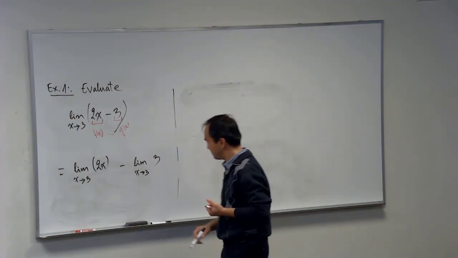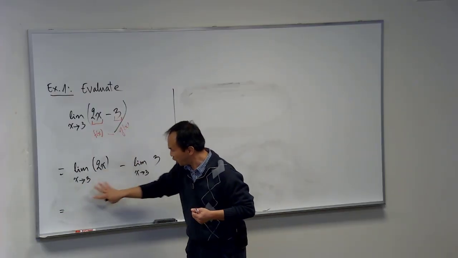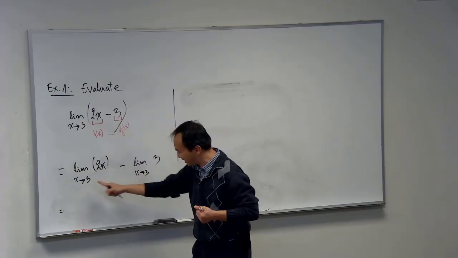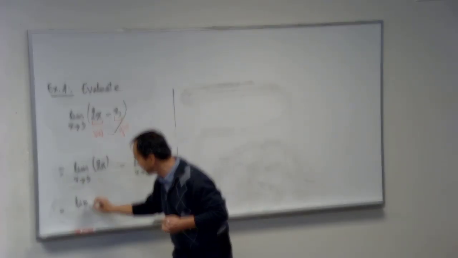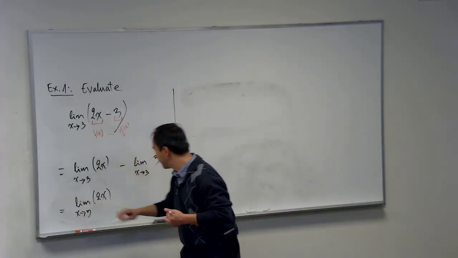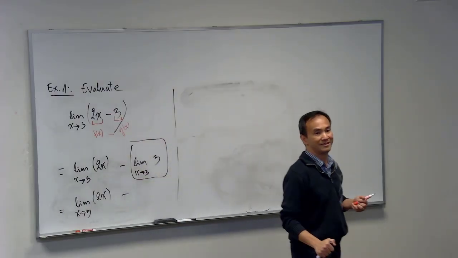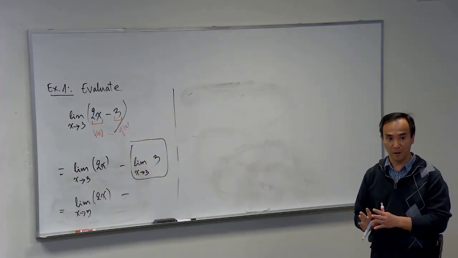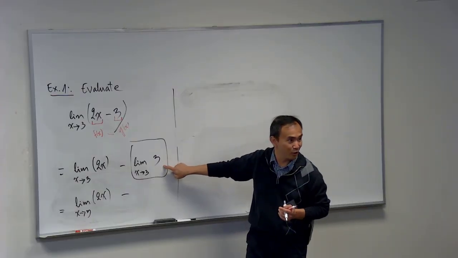Now let's hold on to this term, because we really have 2 separate limits to handle. Let's leave the 2x, x getting close to 3, for now. But do you recognize this limit? The function here is a constant function.